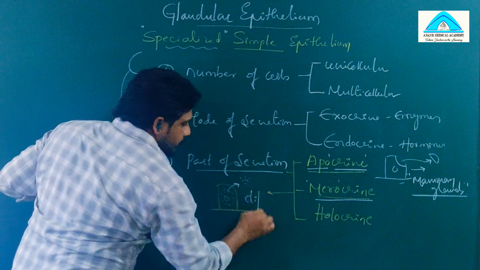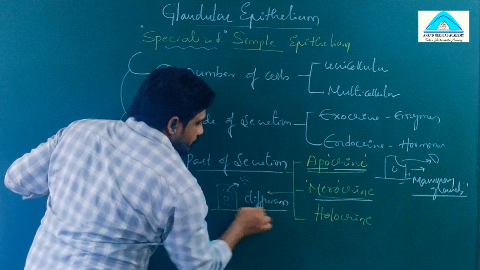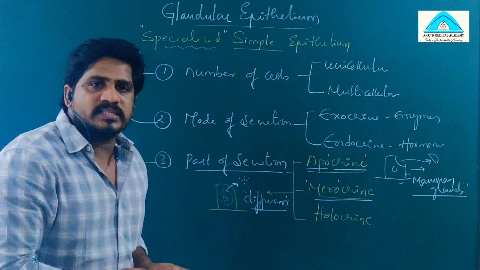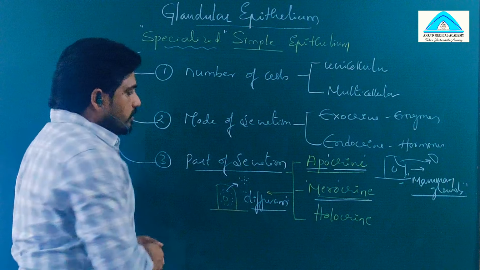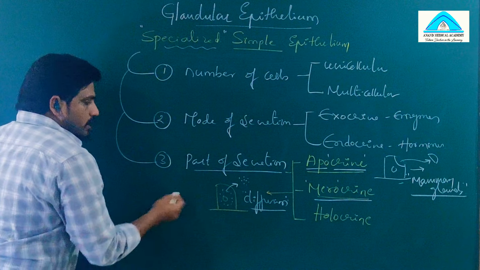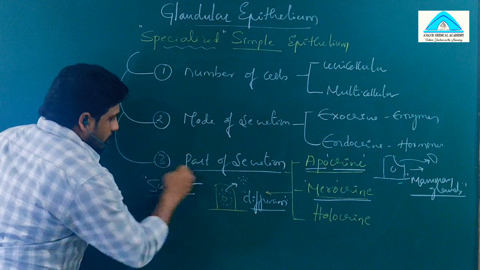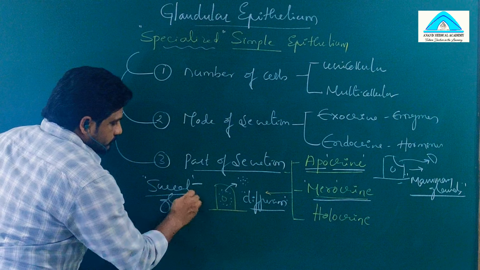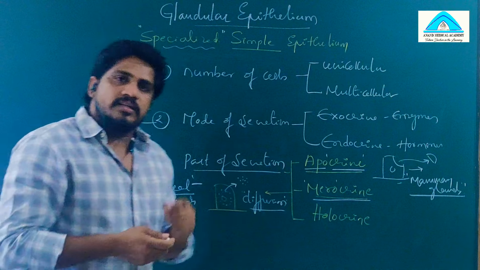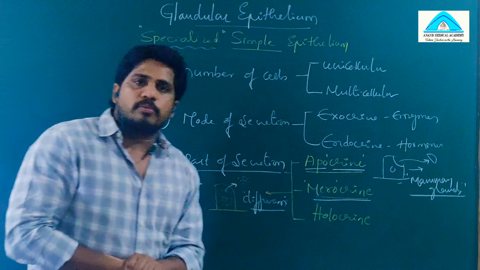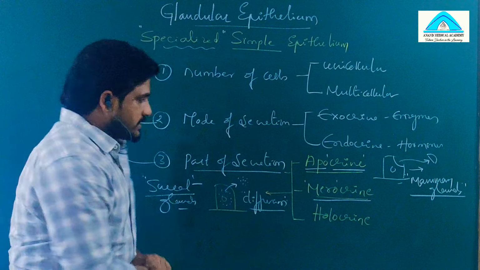So by diffusion the chemical is secreted through the plasma membrane, but no part is dispatched from the original cell. This type of cell produces sweat, so they are called sweat glands. For us, sweat is produced, and that is also secretion. Which type of secretion? Merocrine secretion. They are also modified epithelial cells.